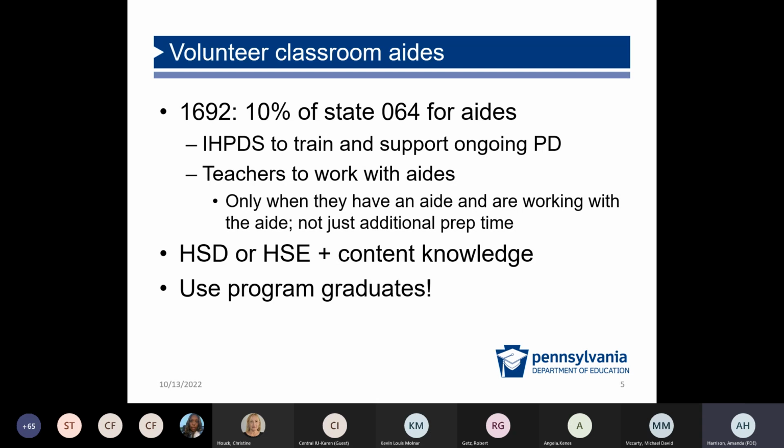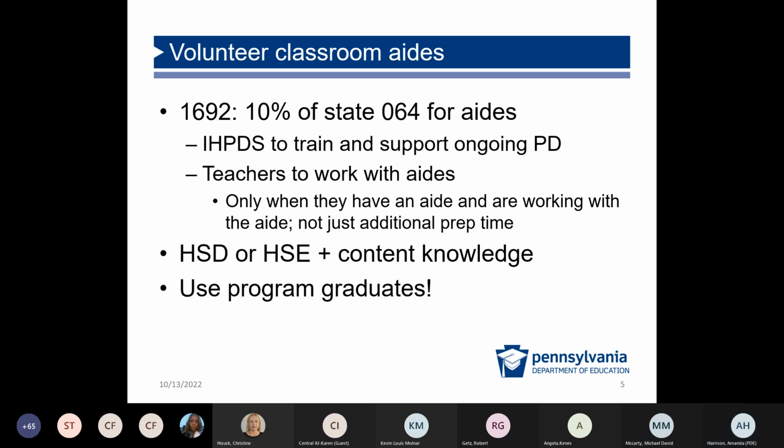So we have said that with 1692, you can use a portion of those funds to pay the teachers who have classroom aides to work with the aides before the classes to prepare them for the work the aide will do in the class.